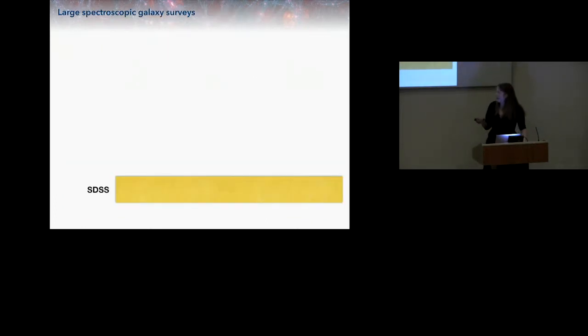Now, to put things in context, if this is all the galaxies for which we have a spectrum of the optical light, the spectrum of the light coming from the stars and the gas, from the Sloan Digital Sky Survey, this is how many galaxies we have with a spectrum that tells us something about the cold neutral gas in the galaxies. ALFALFA is the survey I worked on incidentally for my PhD.